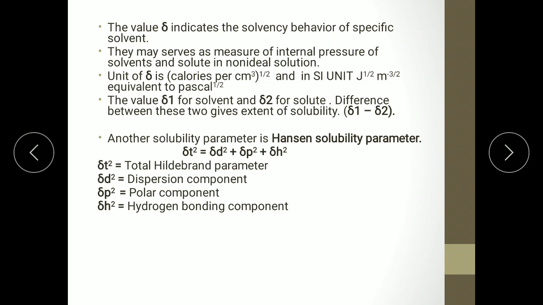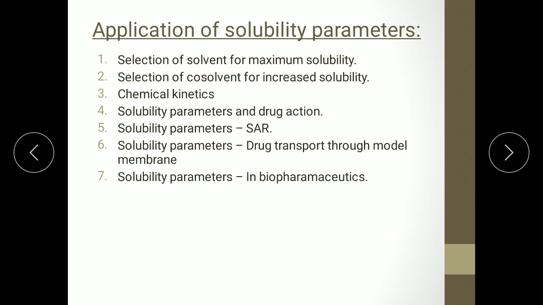Now next we have to see some applications of solubility parameters. In that, the first one is selection of solvent for maximum solubility.